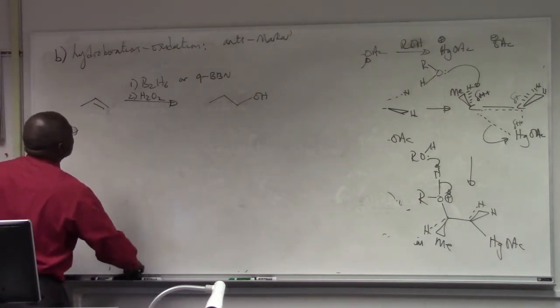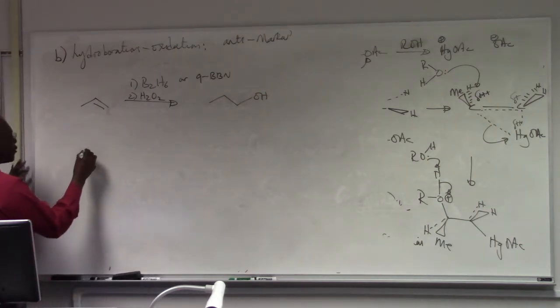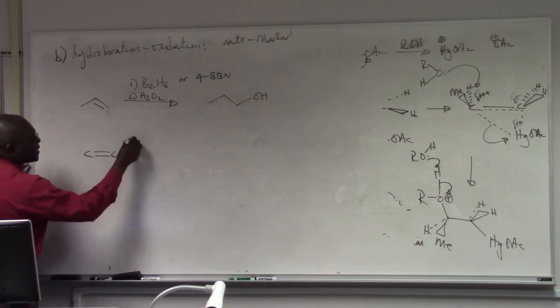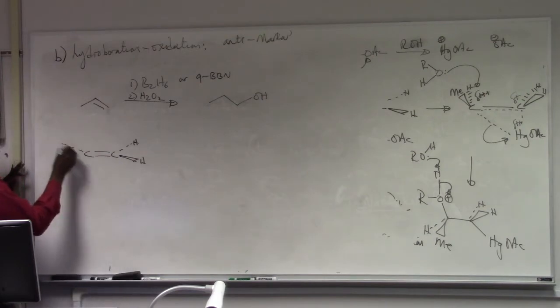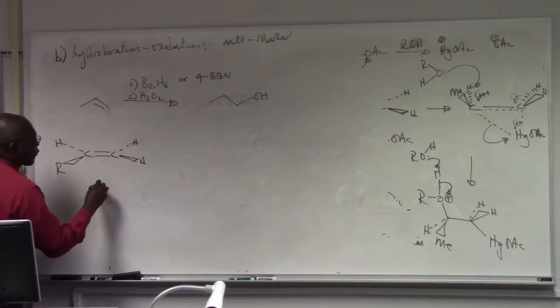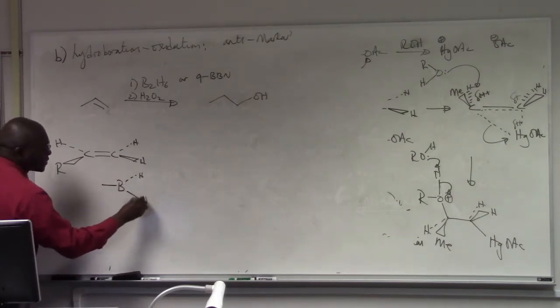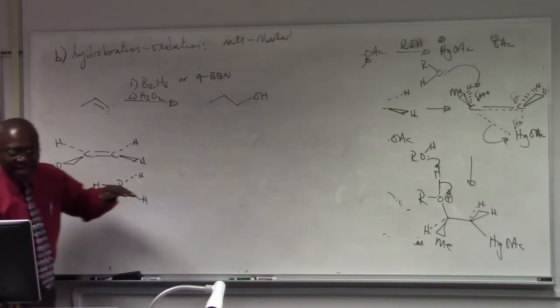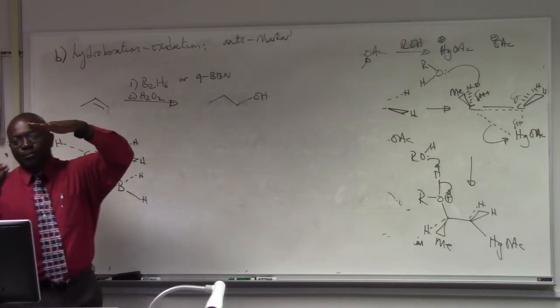So the way this reaction goes is that, and I'm going to draw the alkene, but this has a stereochemical consequence. I'm going to draw the alkene, right, as a planar species. The boron is also planar, because it's sp2 hybridized. And the boron reacts with the alkene in such a fashion, so the alkene is flat, the boron is flat.